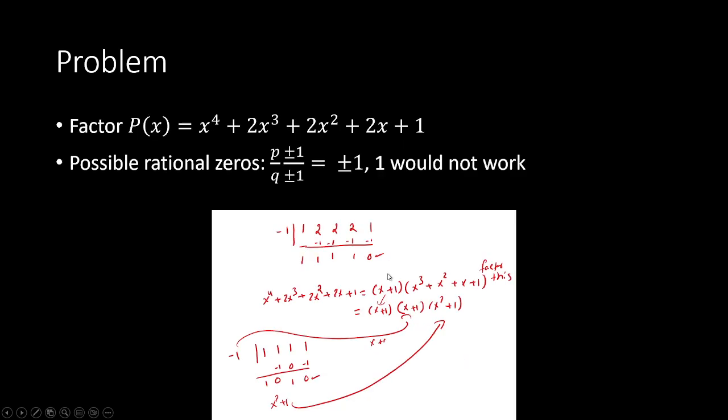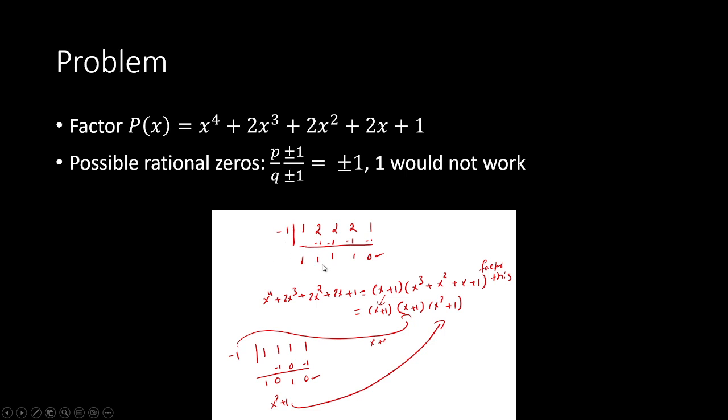Okay, factor P of x as x to the fourth plus 2x cubed plus 2x squared plus 2x plus 1. Well, since this is a 1 and this is a 1, the possible zeros have to be plus or minus 1, and 1 would not work. So we're going to use division. 1, 2, 2, 2, 1, divided by x plus 1.